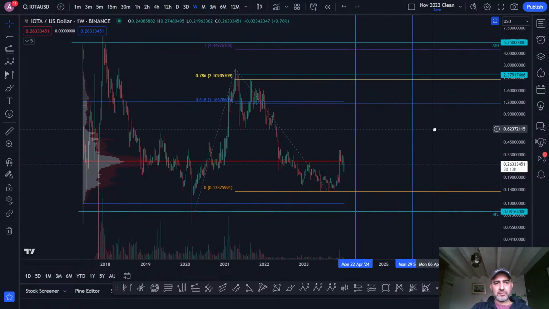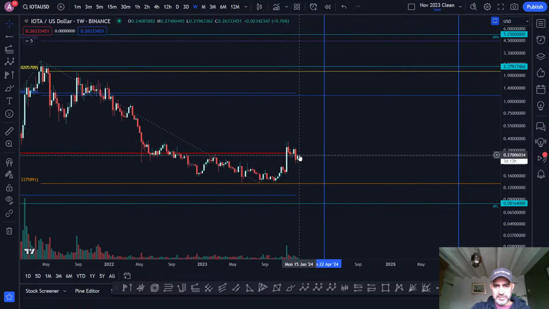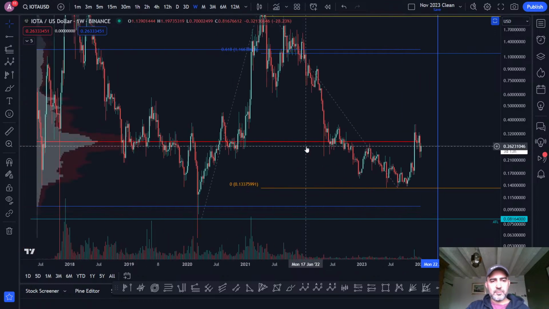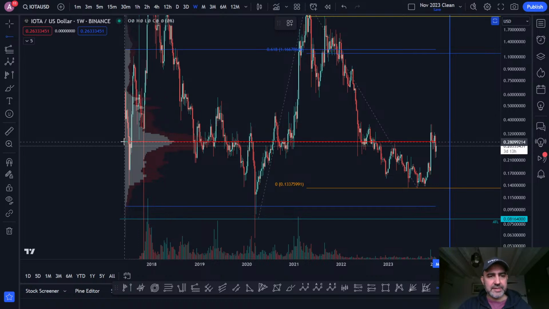Did I not do the volume profile? Oh yeah, there it is. So the other thing is that we're just underneath this value area point of control. Usually what I'll do is I'll mark these out.